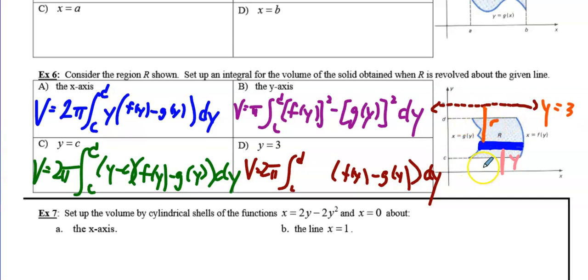So this whole thing is 3, and I want to subtract this distance y. So you guys can easily say, okay, well, r plus y equals 3. Well, then r has to be equal to 3 minus y. So I can go ahead and say that my radius is going to be 3 minus y. And that's it.